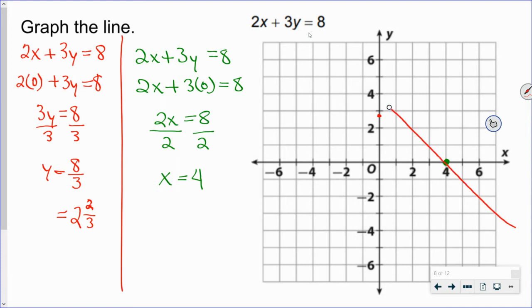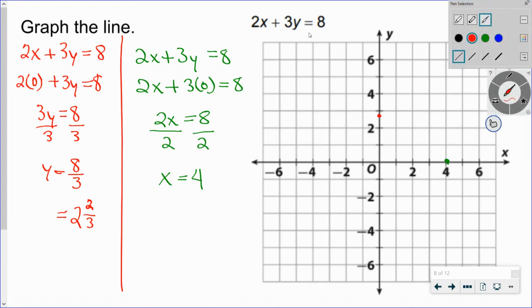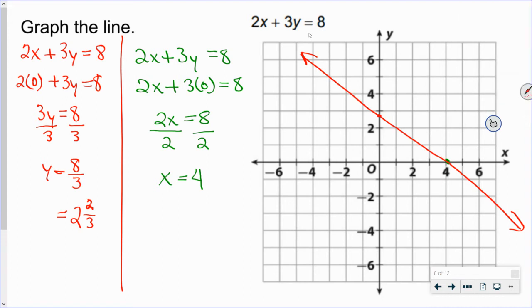Oops, missed. There we go. A perfect straight line. Because of standard form and the x and y intercepts, it makes graphing a little bit easier too. That's something we can take advantage of.